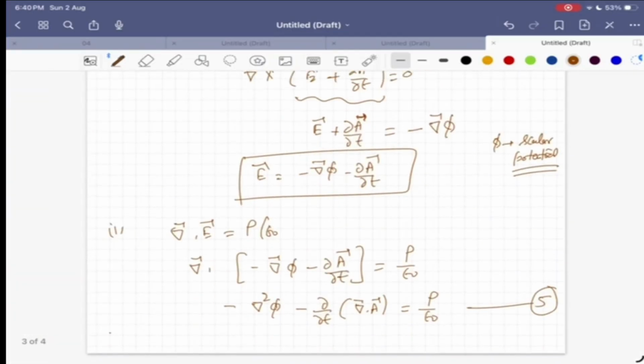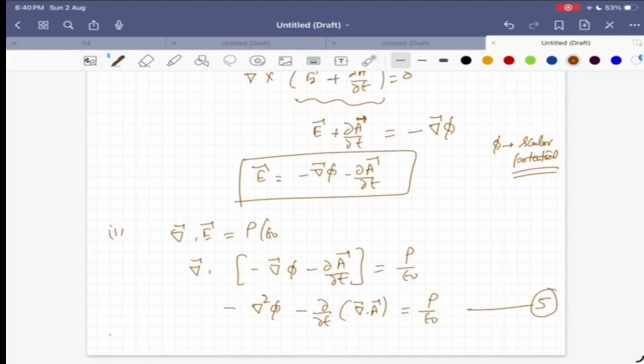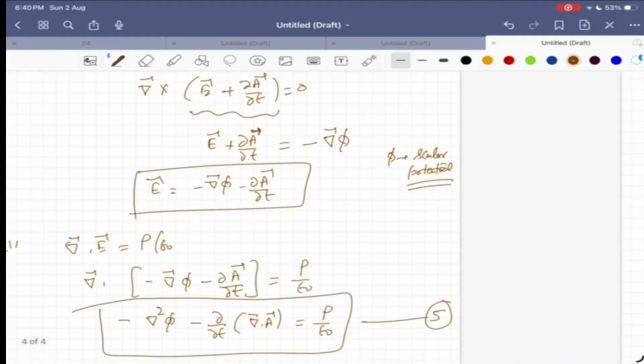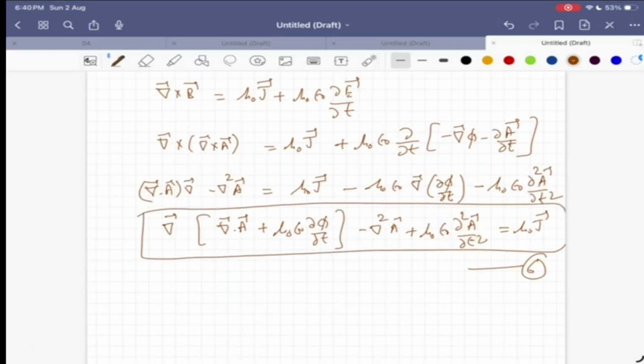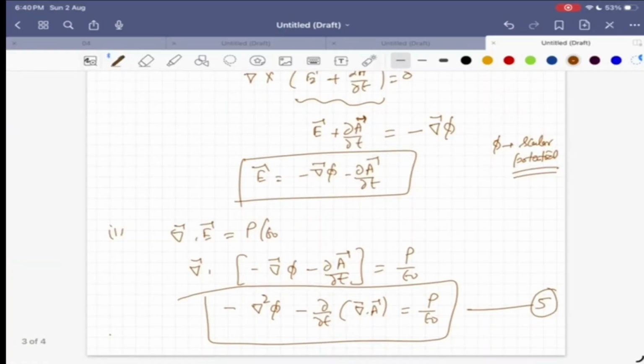So with the help of 5 and 6, we can find the solution, because equation 6 is again a vector equation, and equation 5 is a scalar equation.